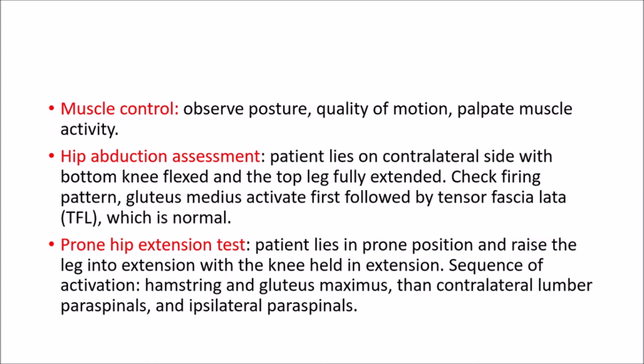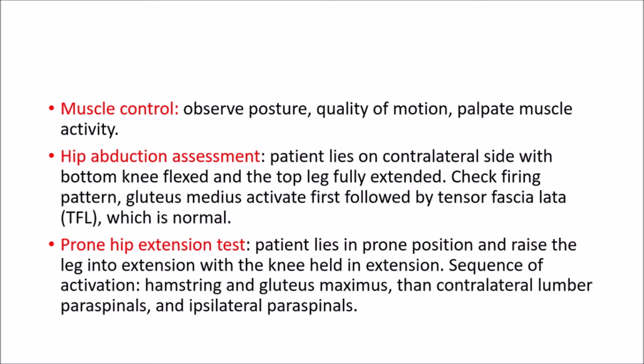The examiner then observes and palpates the firing pattern, which shows that the gluteus medius will fire first, followed by the tensor fascia lata. This is normal, but if there is any lesion or abnormality, the tensor fascia lata will fire first as compared to the gluteus medius.